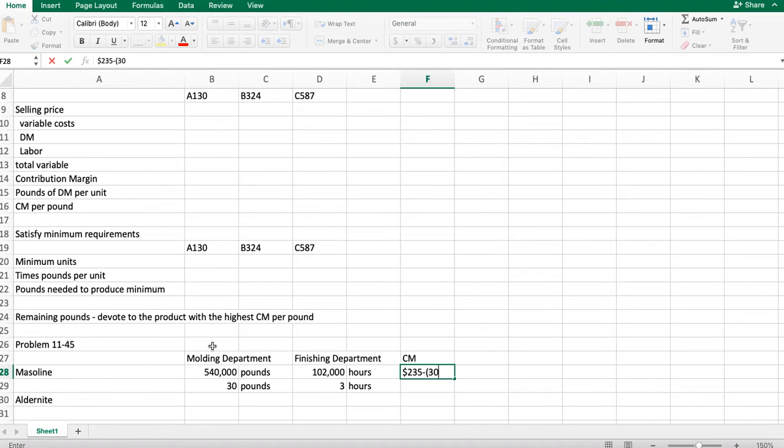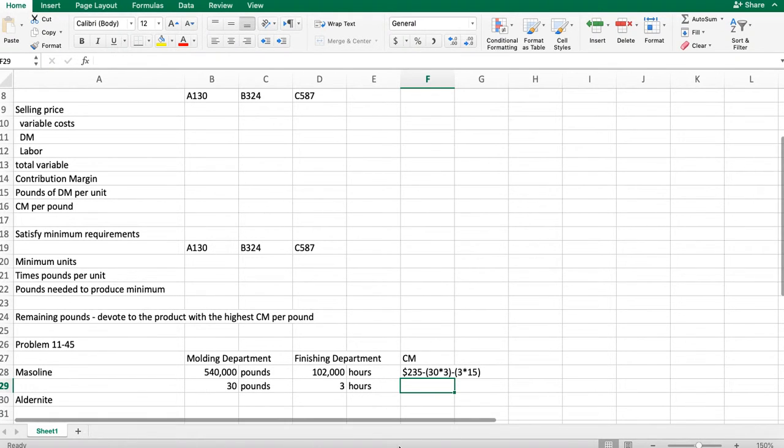So I would subtract 30 times 3, and then subtract 3 hours per door at $15 per door. I would come up with my contribution margin, and with that information, you should be able to answer the rest of the questions. But what I'm seeing in your homework a lot of times is you're not knowing how to start or how to read the information. Hopefully these homework hints will help you get started with that.